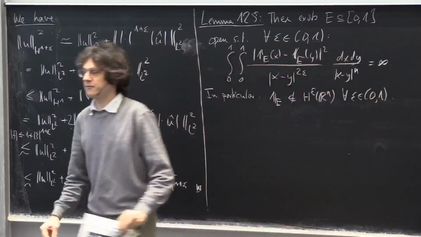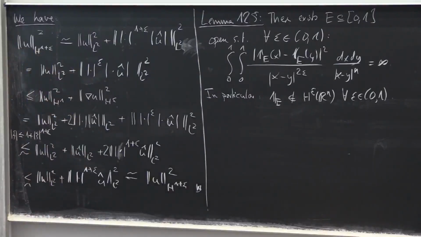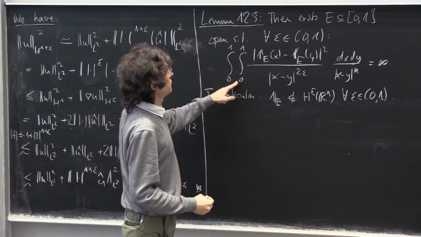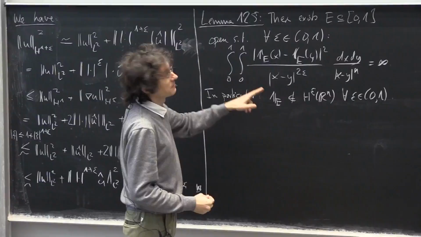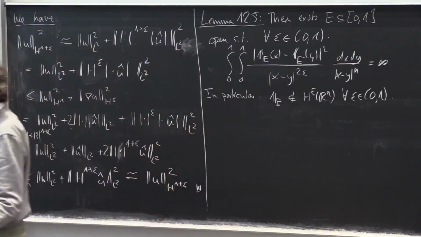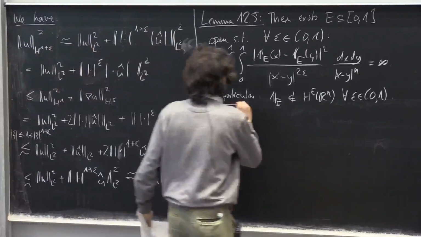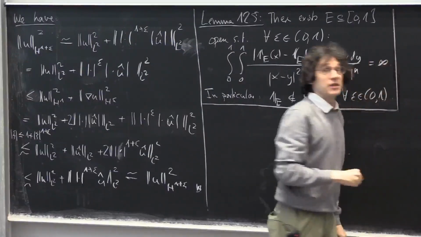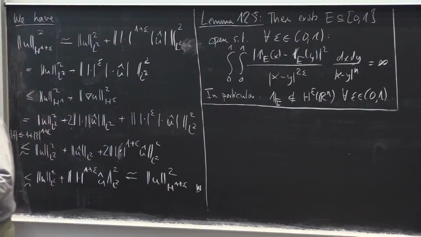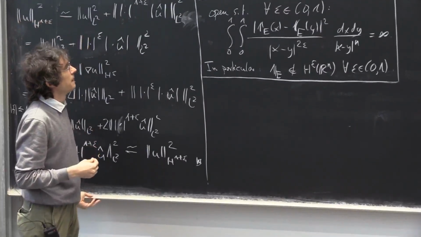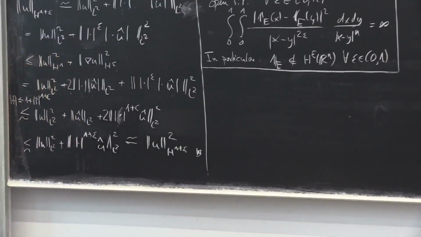So this is a characteristic function of a set that has no weak regularity for no epsilon positive, because if it were in H epsilon, then this quantity would be finite. Okay, and this function will then be used later to define the coefficients of our bad operator L. But first the question is, why does such a nasty set exist?